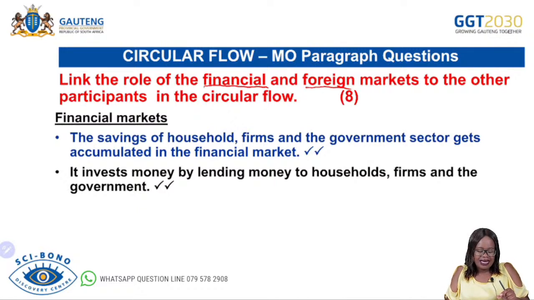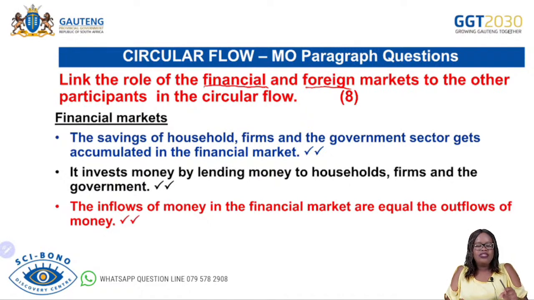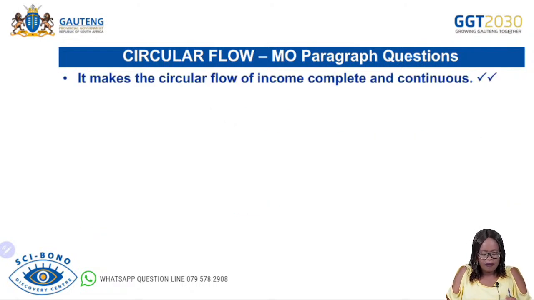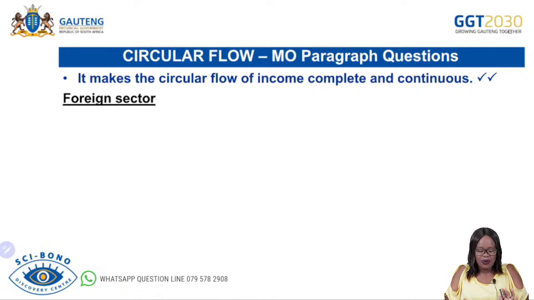All these are going to happen through the financial market. Another point that you may add is the fact that the inflows of money in the financial market are going to be equal to the outflows of money, and therefore, that makes our circular flow of income complete and continuous.